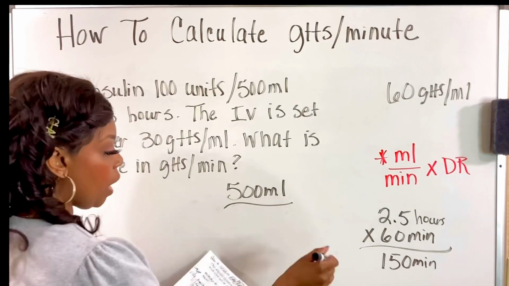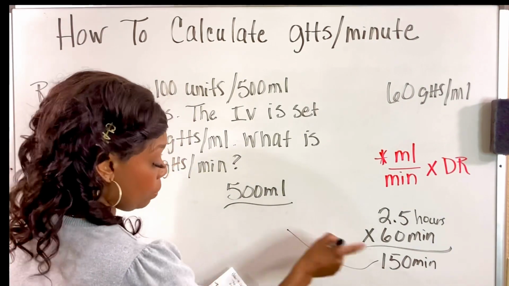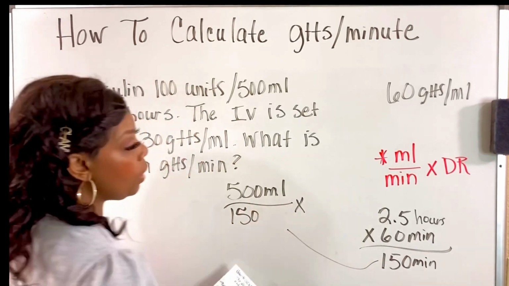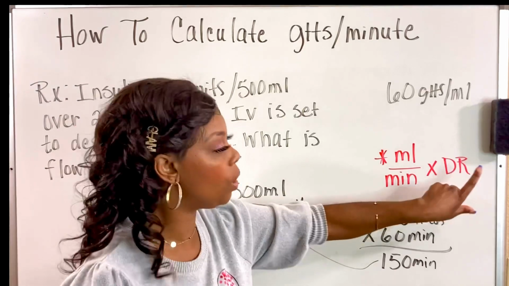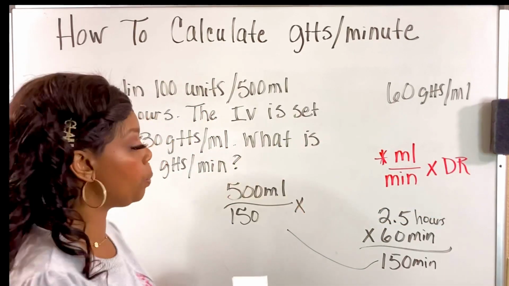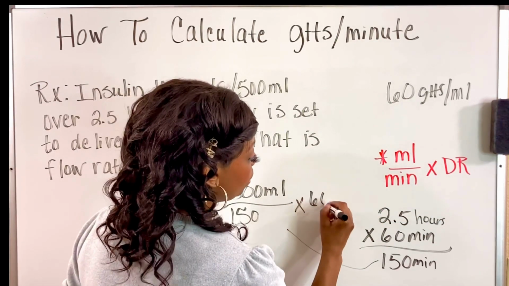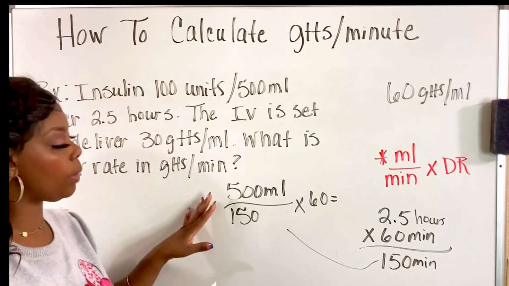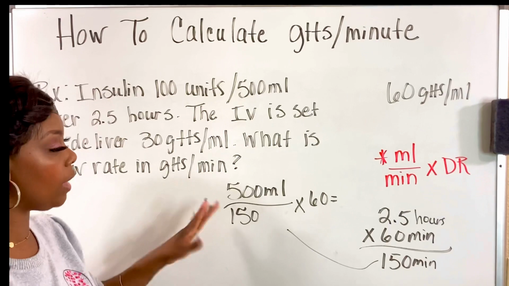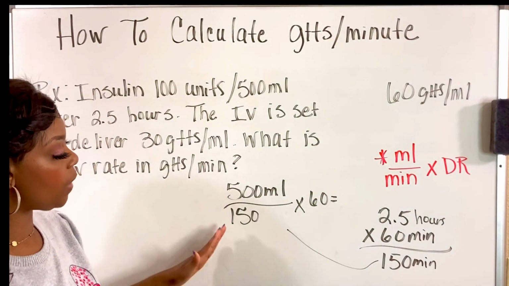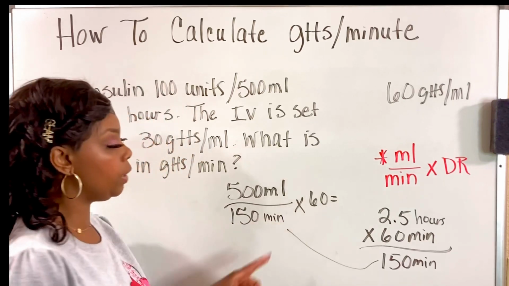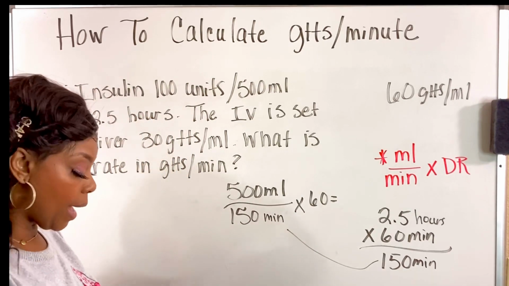All right, so now we have our total amount of minutes, which is 150 minutes, and we're going to multiply that times our drop rate, which is 60 drops per milliliter. So we're going to put our 60 here. You do your division. I normally pause the video for my students here so they can do the math. 500 divided by 150. Go straight into your multiplication key times 60.